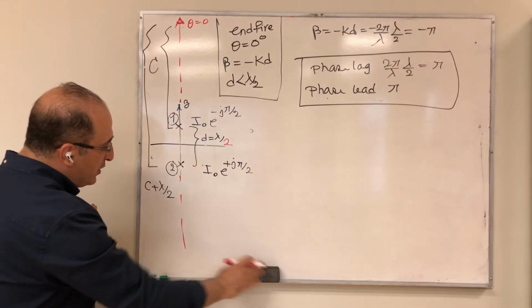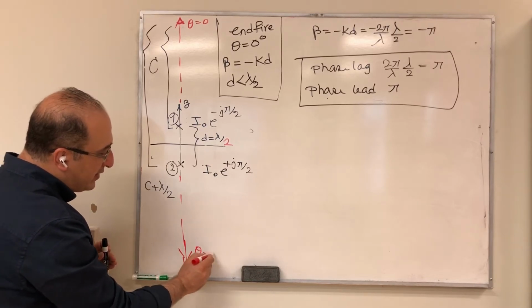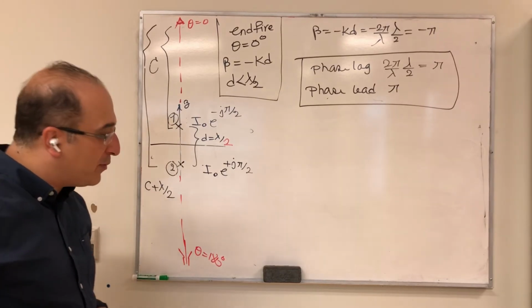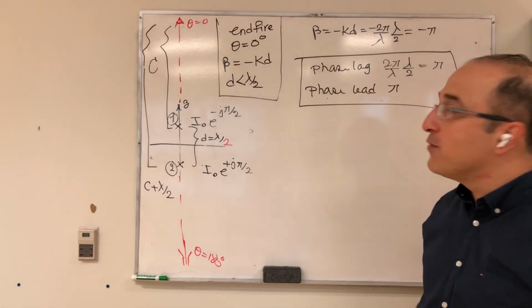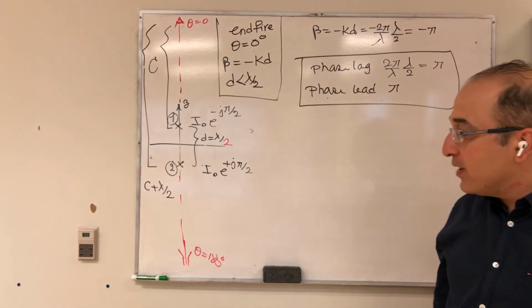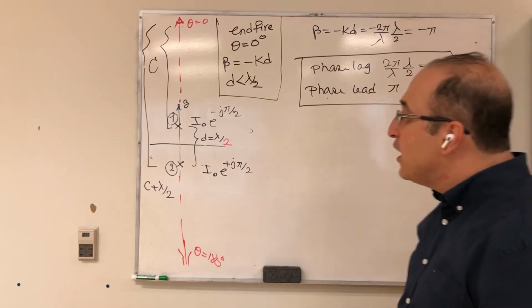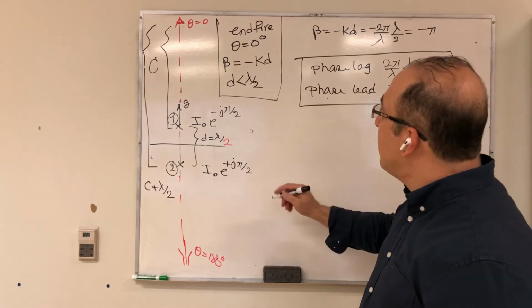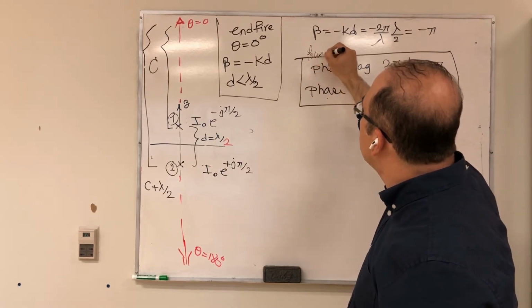So now I'm sitting at theta equal 180, looking at the radiation coming from this antenna, and I want to show you that here you're also going to have maximum radiation. How can you show that? Then you go to antenna number 1. This time, everything was focused on antenna number 2.